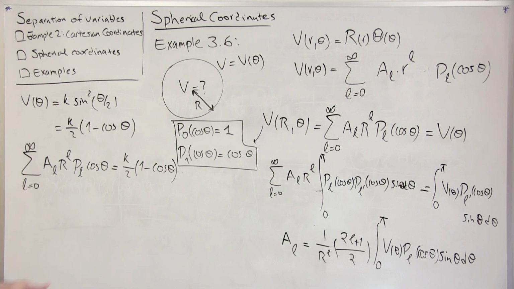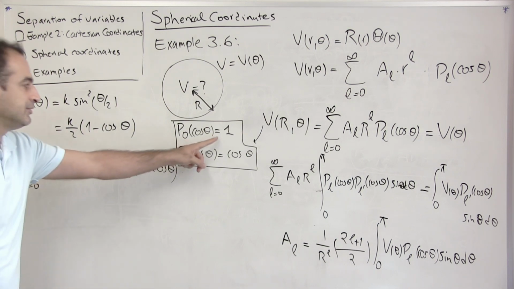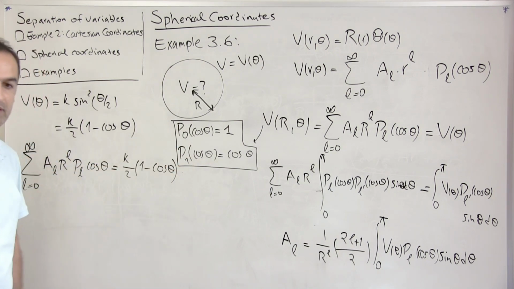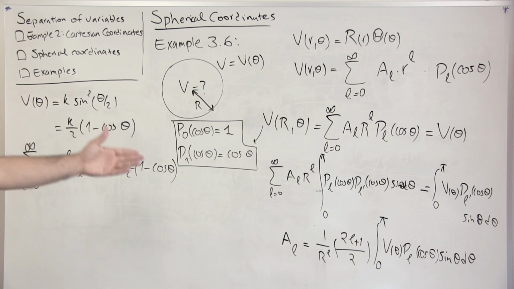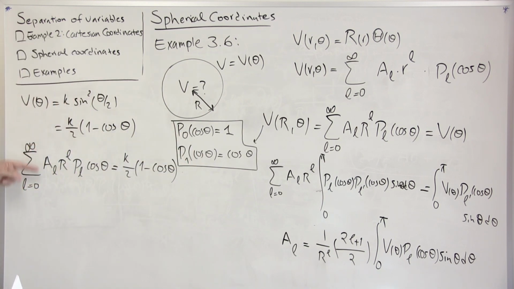Now if you look at this, the first term here is the Legendre polynomial of order 0. The second term is the Legendre polynomial of order 1, of course in terms of cosine theta. And now we are adding all these Legendre polynomials from 0 all the way to infinity.